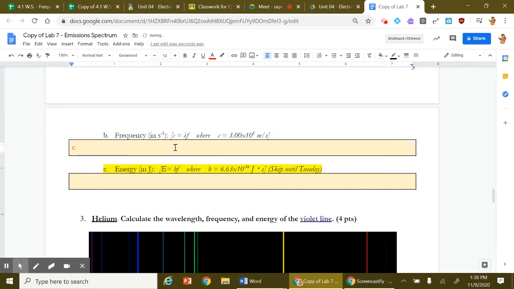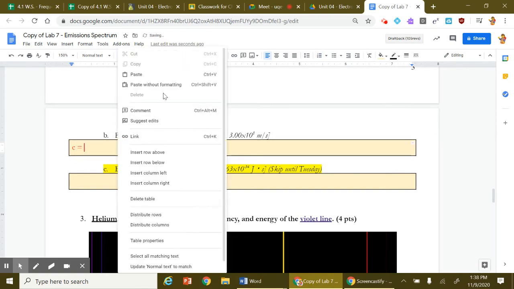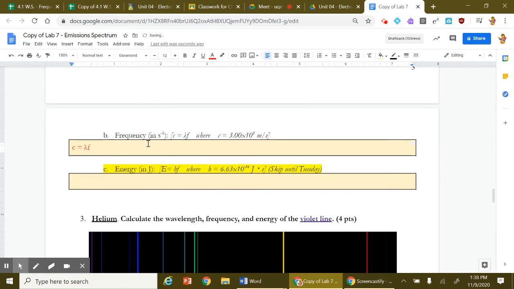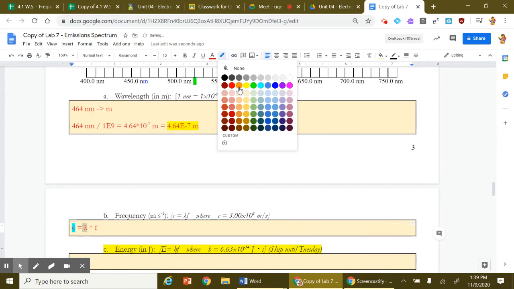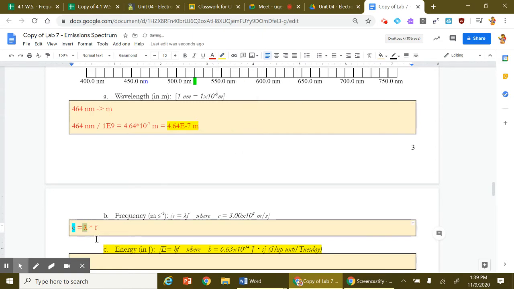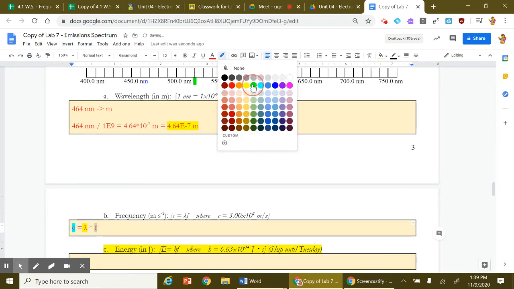The speed of light equals the wavelength times the frequency. We know the speed of light because it is a constant. It does not change. We know the wavelength in meters because we just solved it up above: it's 4.64 times 10 to the negative 7th. And now we have to find the frequency.